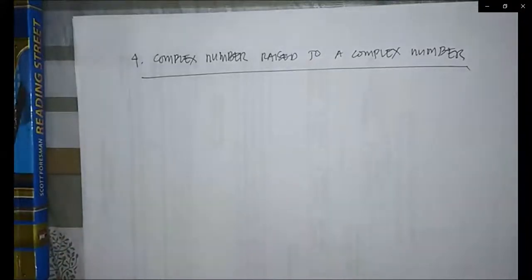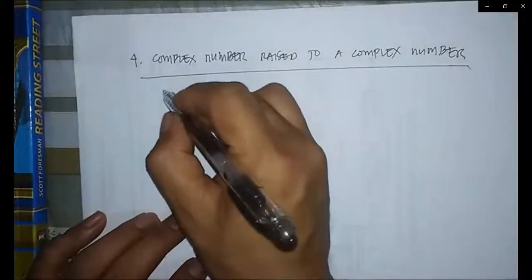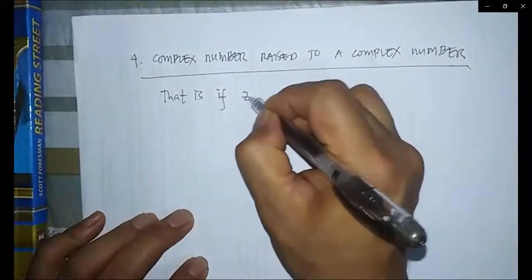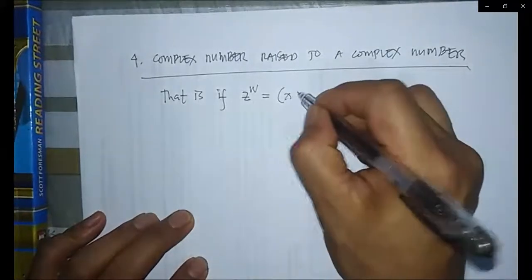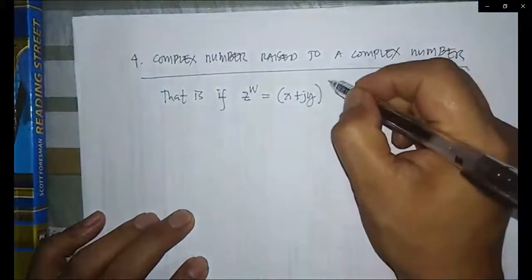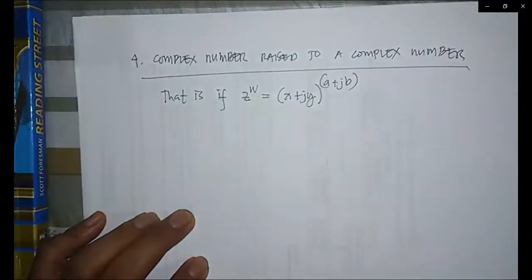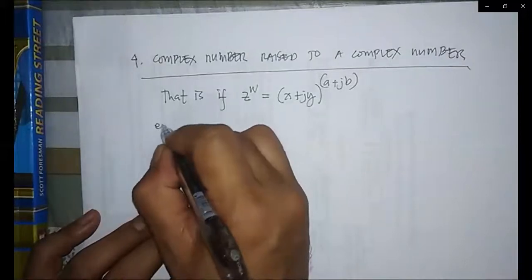Okay, for the final topic, we are going to raise a complex number to the power of another complex number. That is, if your complex number z is raised to the power of also a complex number represented by w, that is the same as x plus jy in rectangular form raised to a plus jb also in rectangular form.